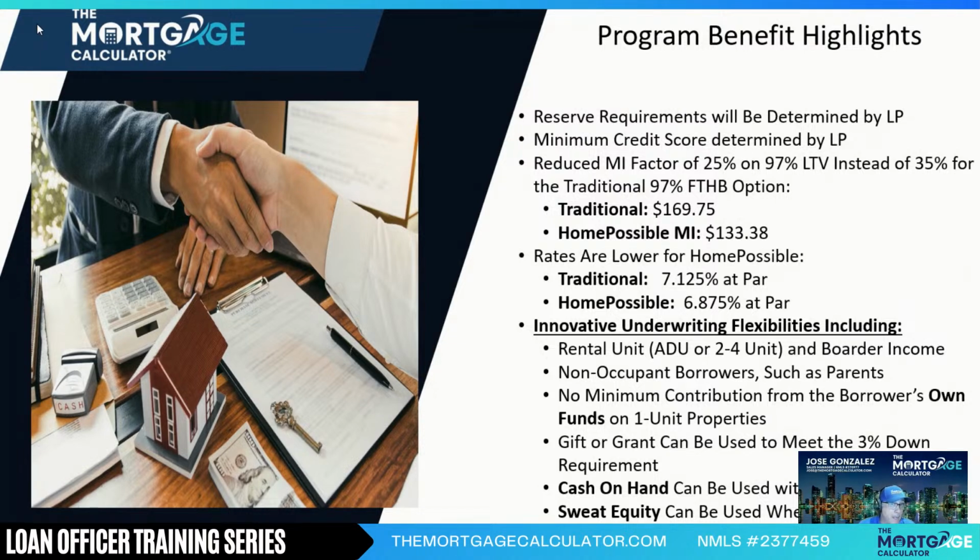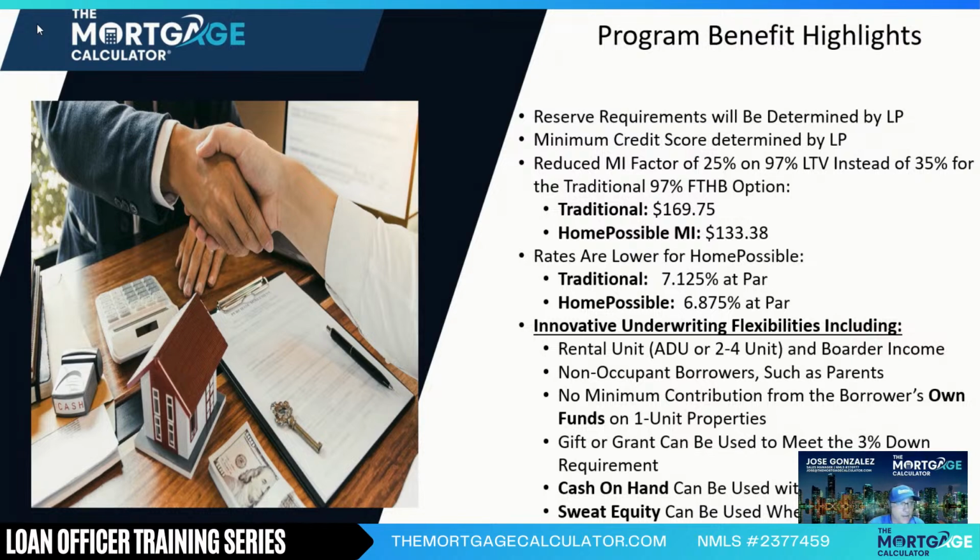And again, similar to the HomeReady loan, we have some pretty innovative and flexible underwriting that allows us, amongst other things, and emphasizing this one here, the use of income from a rental unit, such as an ADU or a 2 to 4 unit property, but the ADU is the big part right there, and the use of boarder income.